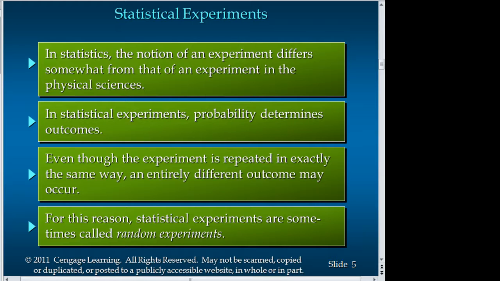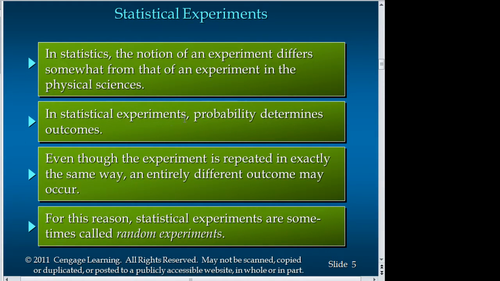So, what's a statistical experiment? Let's talk about flipping a coin again. The action of flipping a coin is a statistical experiment. The result, whether it's head or tail, is the outcome of a statistical experiment.